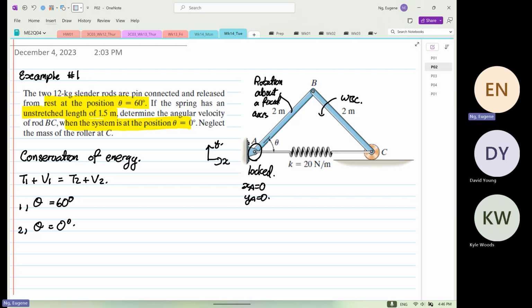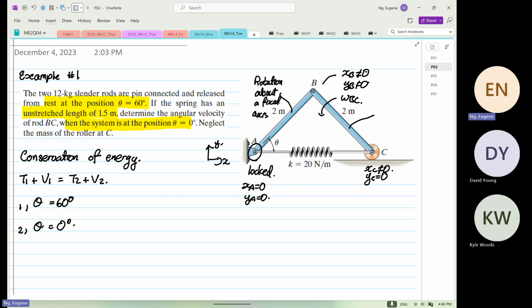At point C, if we now focus on member BC, y at C is equal to 0, but x at C is not equal to 0. And x at point B is not equal to 0, and y at point B is not equal to 0.